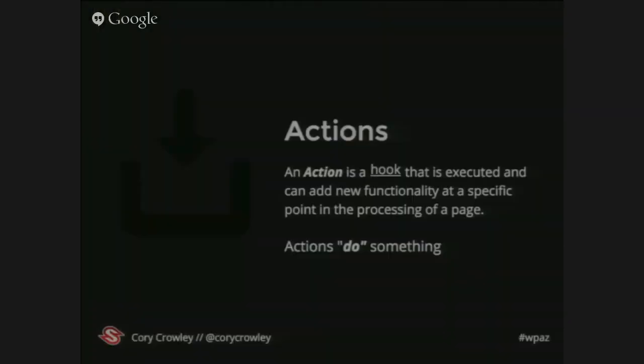It doesn't necessarily receive anything in, it doesn't modify anything, but it inserts a specific piece of functionality at a certain point in the page. WordPress gives us a ton of actions to work with at different points in the processing of a WordPress page when it outputs to the browser. So actions do something.